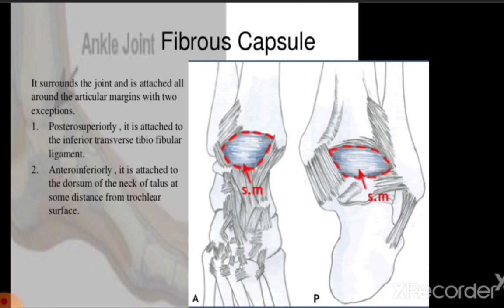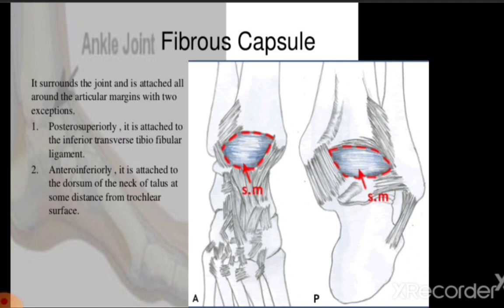So first point is posterior superiorly it is attached to the inferior transverse tibiofibular ligament, and anterior inferiorly it is attached on the dorsum of the neck of the talus at some distance from trochlear surface. So at these 2 points this is absent.